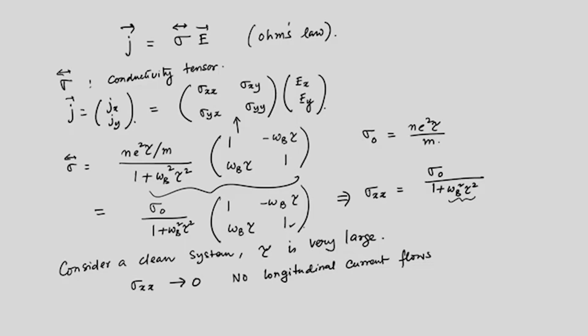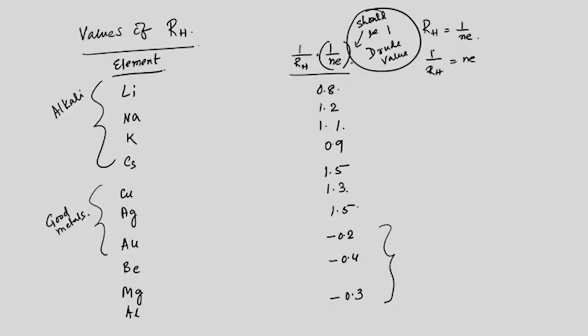Okay. But of course, this is just an assumption that you are taking a clean system where tau is made to be very large, in which case sigma xx vanishes. But in general, sigma xx will be non-zero in a realistic case where tau is not infinitely large. It could be large, but not infinitely large, so that it exists.